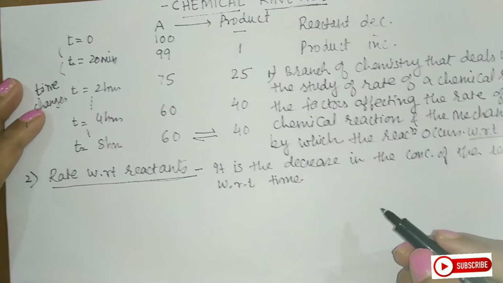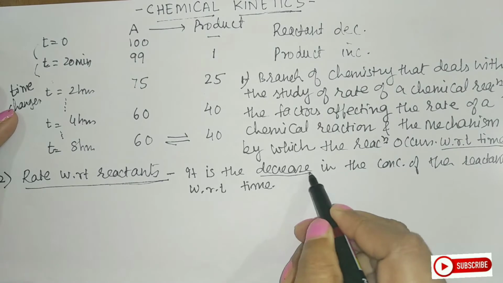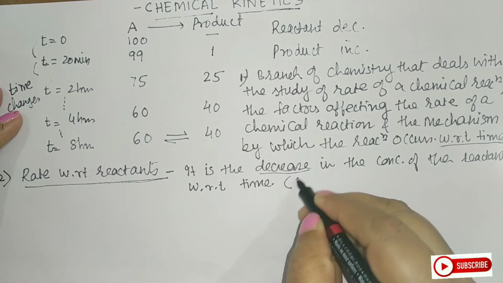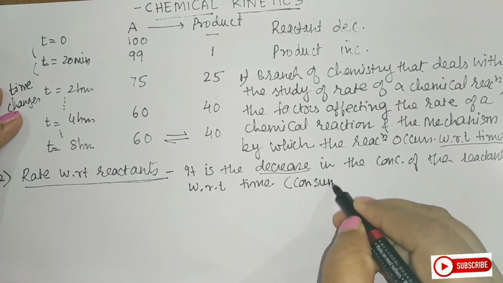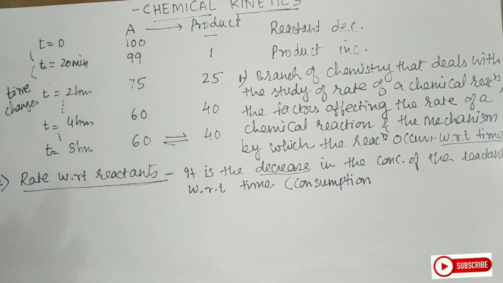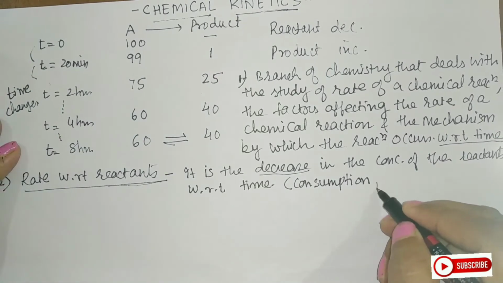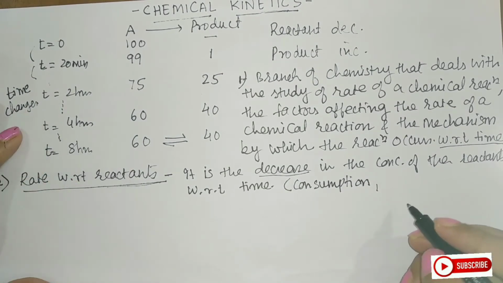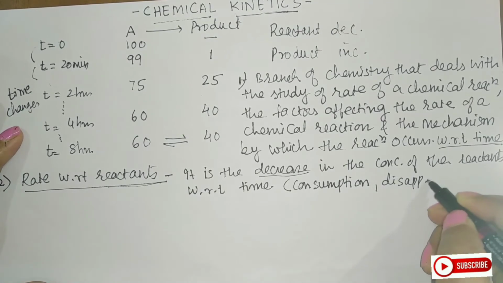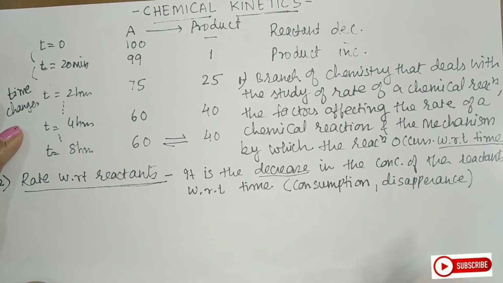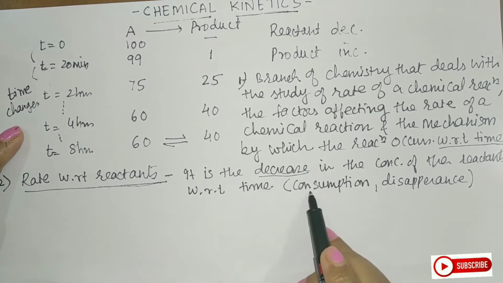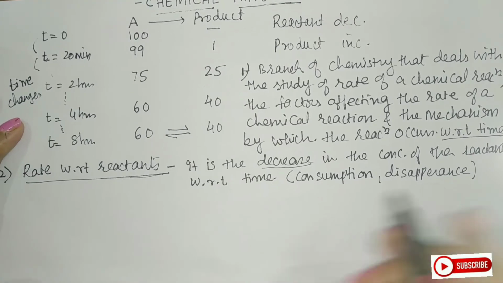Now students, instead of the word decrease, there are a few more words you can use, and those words are consumption, because as time passes reactants are getting consumed, or slowly they are disappearing. So we use the other word, disappearance. So two more words you can use instead of decrease are consumption and disappearance.